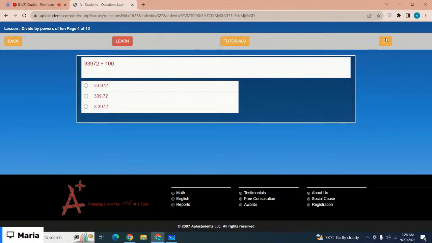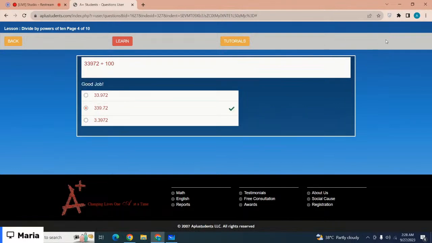No, not option number one. Just two places left you have to move. So that would be 339.72. The correct option is 339.72, right?